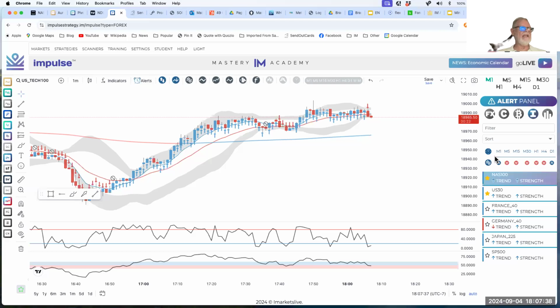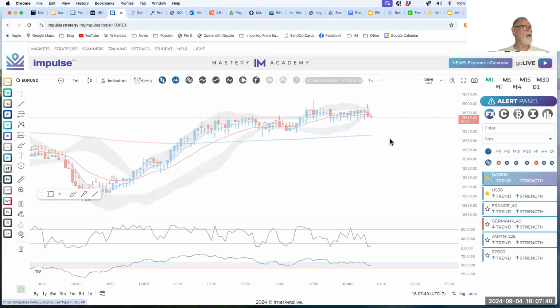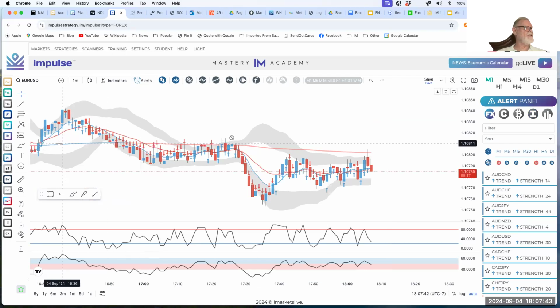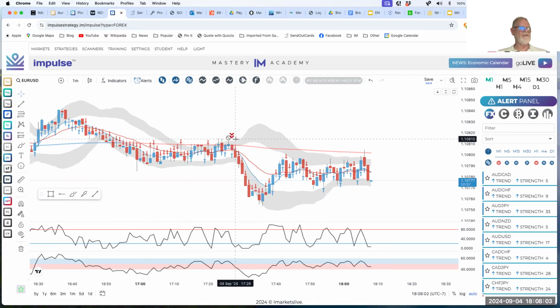When you're over on Forex and it crosses the trend line, this macro trend arrow shows up, showing that it's on trend or it's changed direction, and you will get a notification. You can then open this up and see whether it's worthwhile taking the trade. So it's not a trade indication, but it will show you the first indication that something might be setting up and it'd be worthwhile looking at.